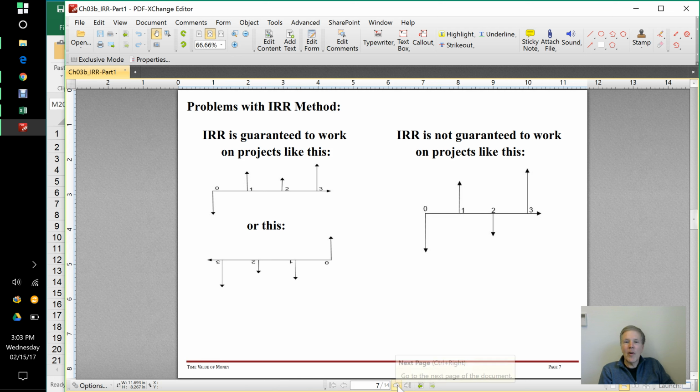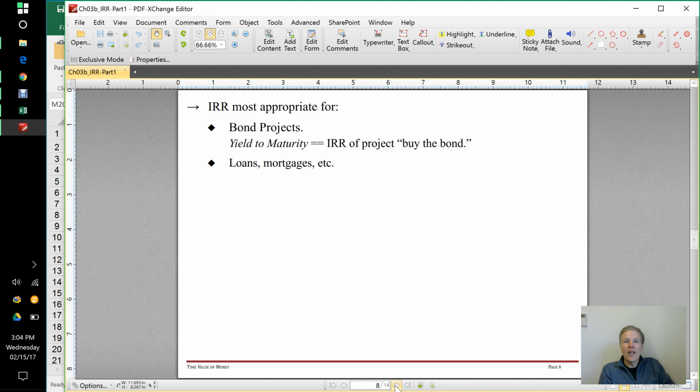Something like that. So lenders work with IRR all the time, including bond investors, construction lenders, mortgage lenders, etc., but not so much for equity sponsors of a project.